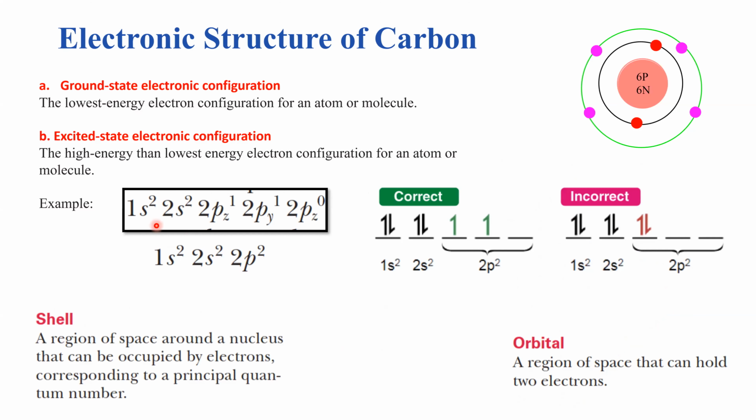So here, this s is basically one shell. I can mention it with the pen here. This is basically the K shell, which has only one orbital, and 2s and 2p basically make the L shell, which is the second shell, as you can see in this diagram.